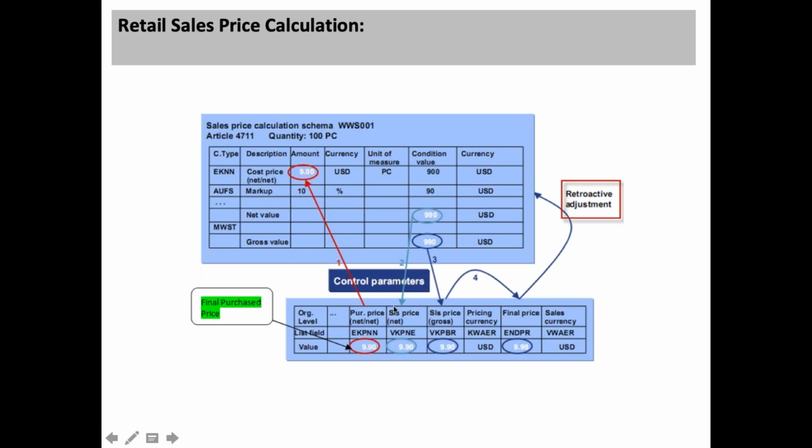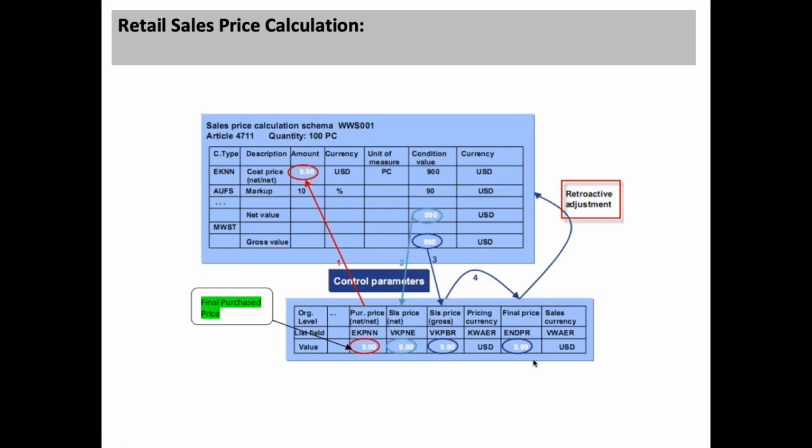After that, the net sales price will be calculated by adding the markup. Not tax, only markup. And the gross value is determined by adding net sales price plus tax. That gross sales price would be the final sales price.